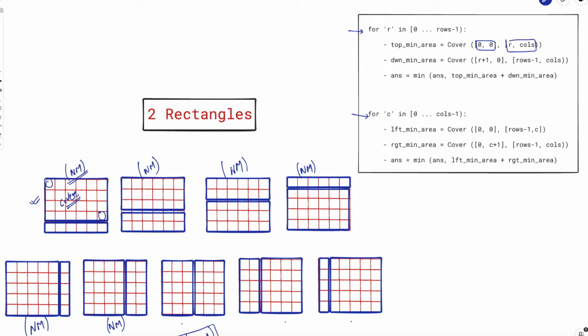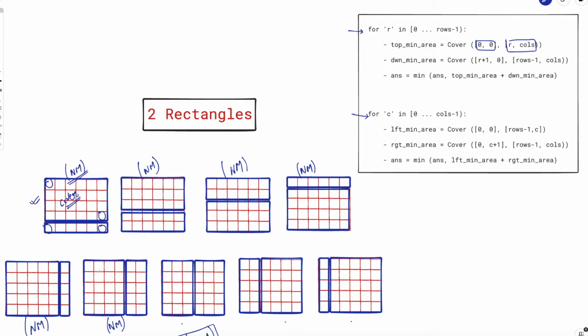So this is the top left cell, this is the bottom right cell. In this grid, figure out the minimum area of the rectangle that can cover every one. Similarly, this is the top left cell and this is now the bottom right cell. You have to figure out the minimum area that can cover all the ones in this area. So this starts at r plus 1, 0 and ends at the last row and the last column, right?